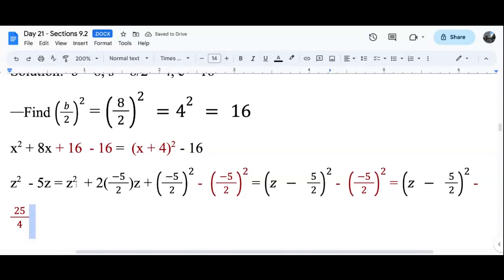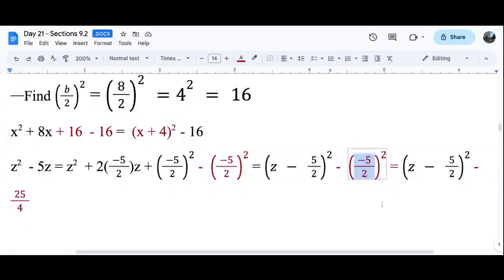We write it this way: z squared plus 2 times negative 5 divided by 2 times z plus (negative 5 divided by 2) squared. So in this case, we get a perfect square. Then we just subtract this number, and this number is 25 over 4.